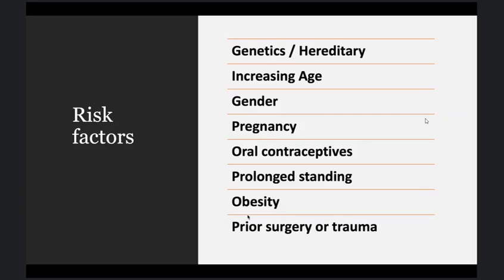Risk factors. I have to focus here: they are not the causes of varicose veins. From their name, they accelerate, they enhance the development of varicose veins. Varicose veins are mostly congenital. But in order to have varicose veins, you need congenital disorders in your veins, whether valvular incompetence, valvular absence, or weakness of the muscles.